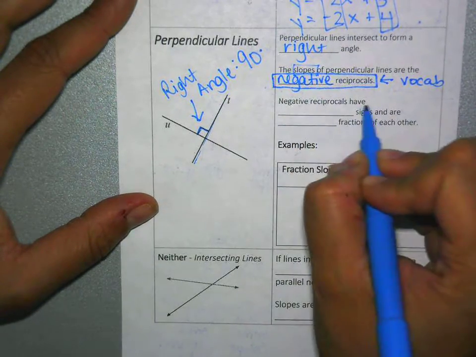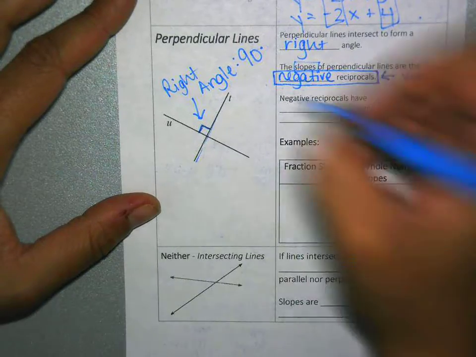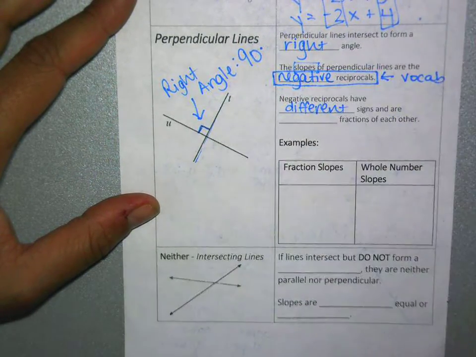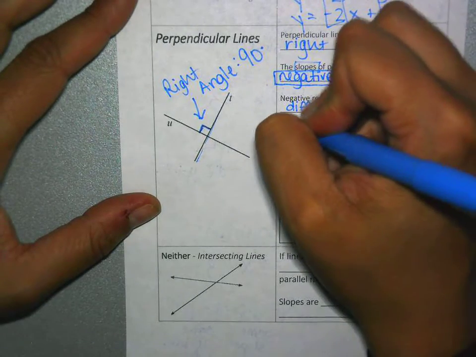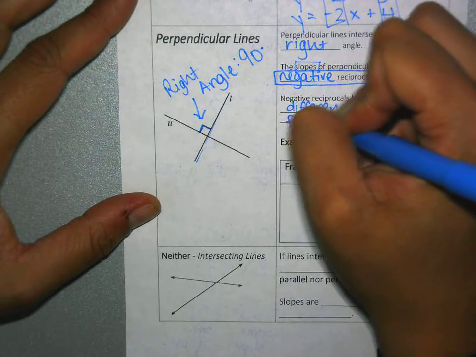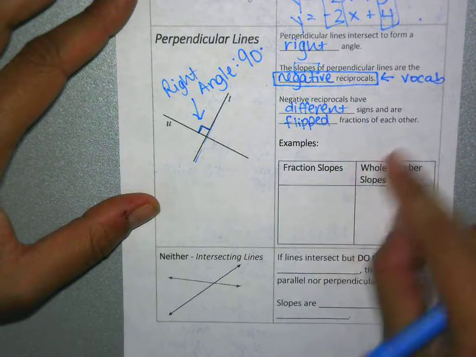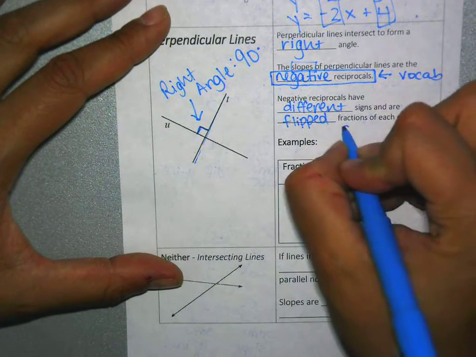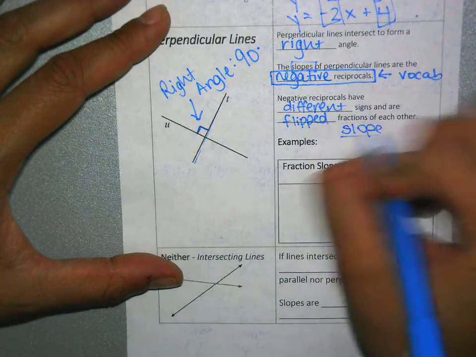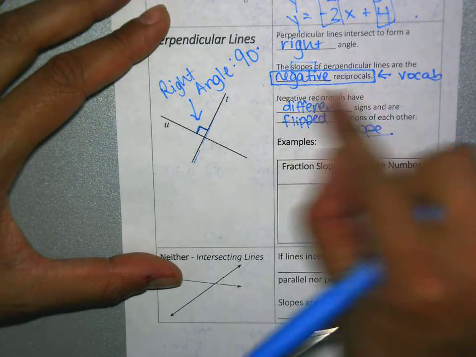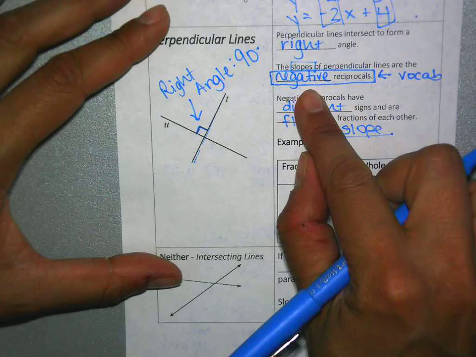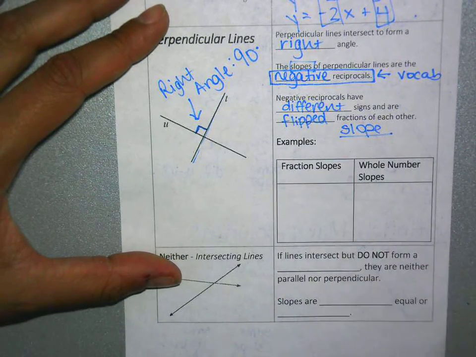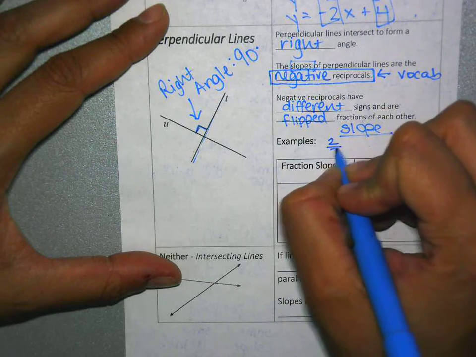So a negative reciprocal, they have different signs and are flipped fractions of each other. So we're going to do 3 examples. The first one, I'm just going to focus on the slope. So negative reciprocals refer explicitly to the slope of a line. So let's say we had a slope of 2/3.